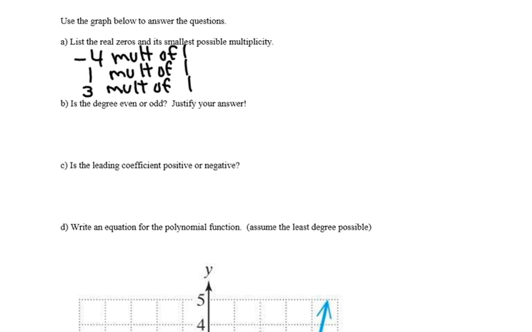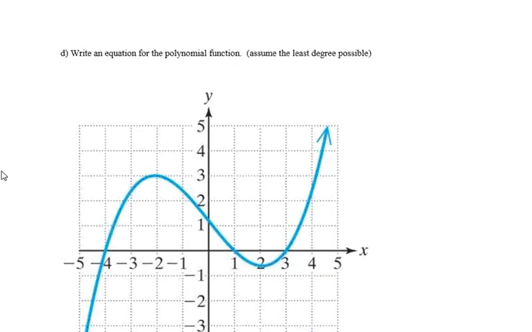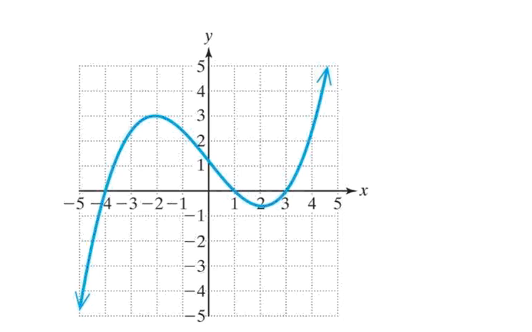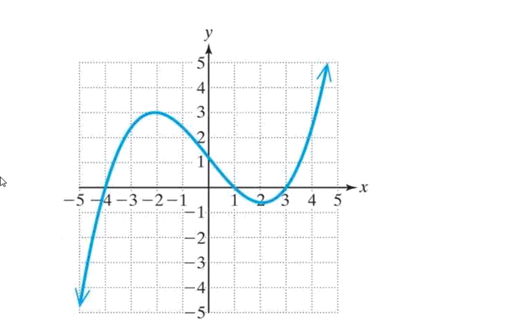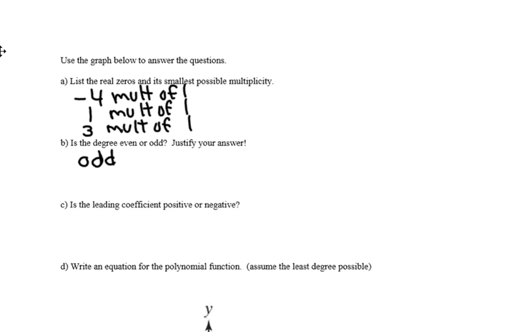Okay. All right, is the degree even or odd? Well, a couple of things we could say. We know it's odd. Okay, either we can use the answer for part A and add up 1 plus 1 plus 1 is 3, or we know the end behavior directions are going in opposite directions. Okay, that's how we know it's odd.